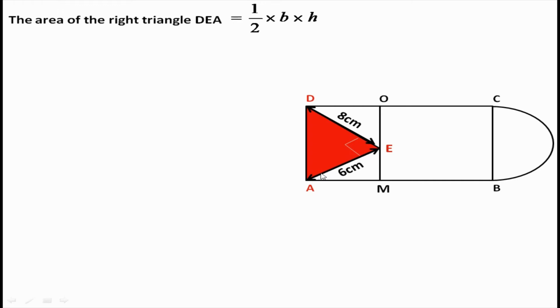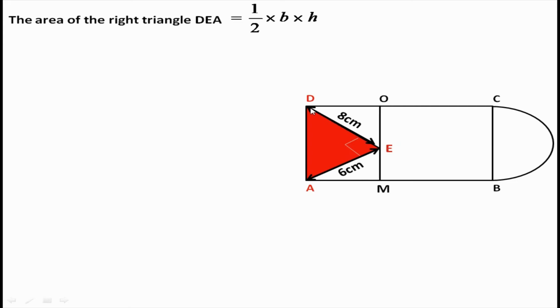Now you can think of this 8 centimeter also as a base, because it depends upon your view. You can take any two sides of a right triangle as the base and height other than the hypotenuse. I mean to say that leaving the hypotenuse, the other two sides can be declared base and height.